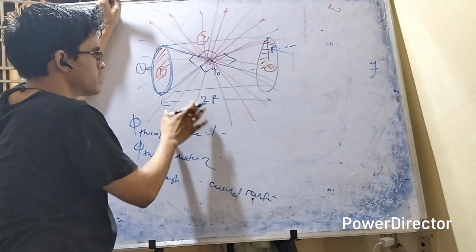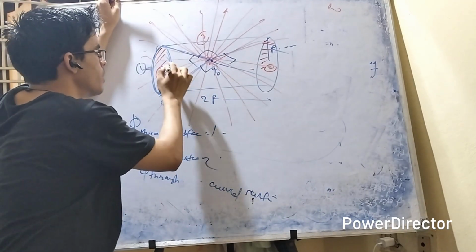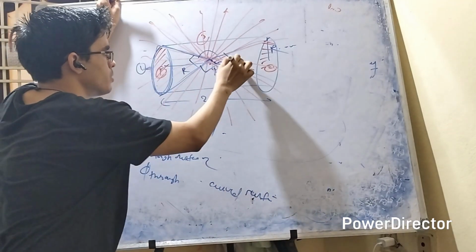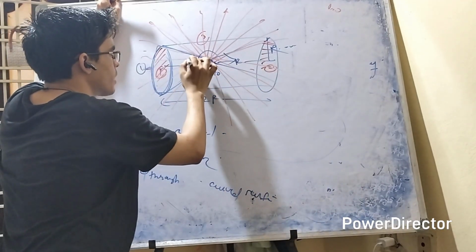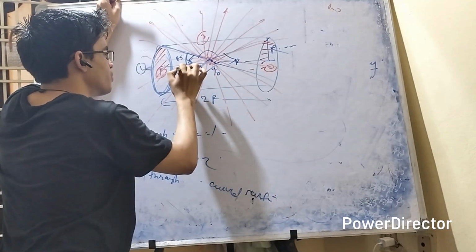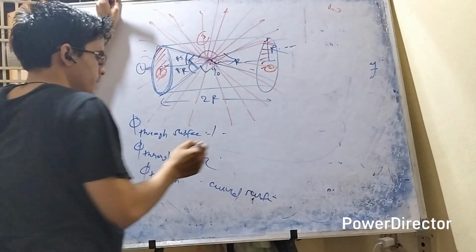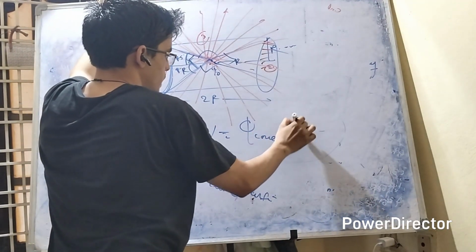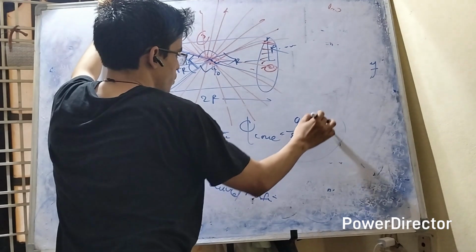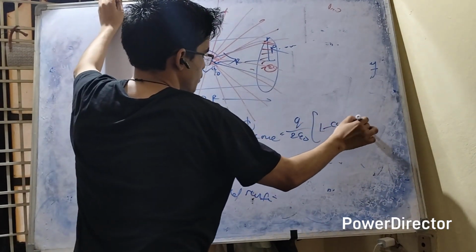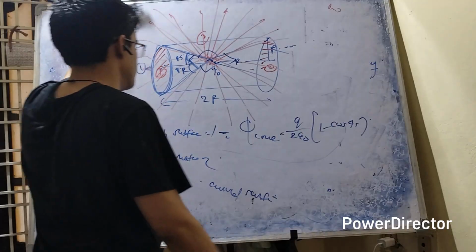This complete distance 2R is given, so this distance is R, and this will also be R. This total angle is 90, so this will be 45 and this will also be 45. So this is nothing but the flux through a cone. And what is the formula? Q by 2 epsilon naught times (1 minus cos of the angle). The angle is 45, so that will be your answer for the first surface.